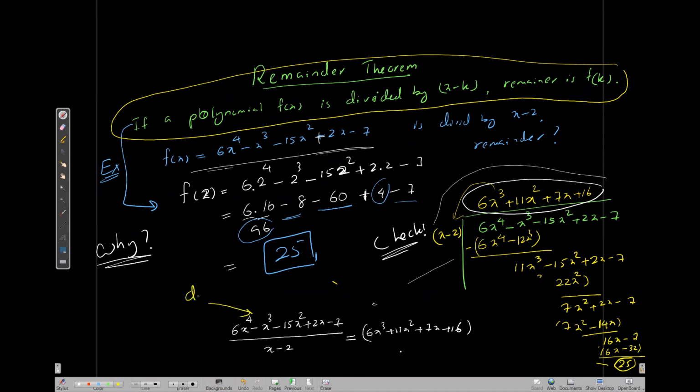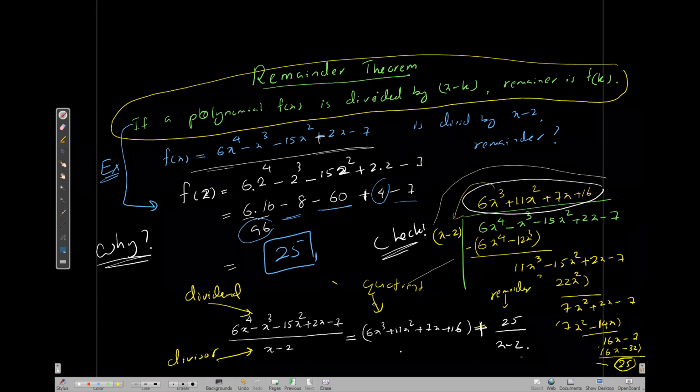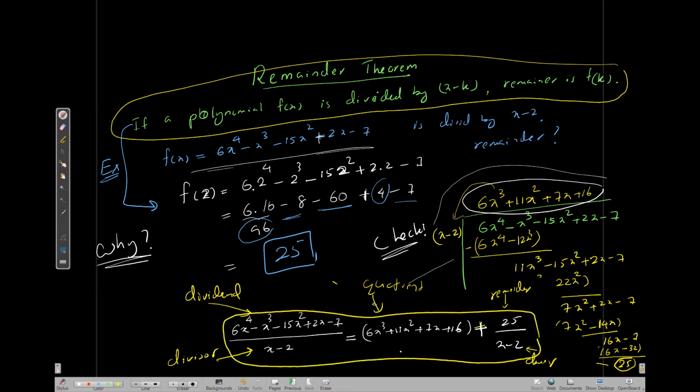This is the dividend, I explained this in my last video. This is the divisor, and this is the quotient. We are not done yet. Quotient plus the remainder, which is 25, over the divisor x minus 2. I think you remember we did this last video. So this is the remainder and this is again the divisor. This is how we nicely put our answer in the final form.